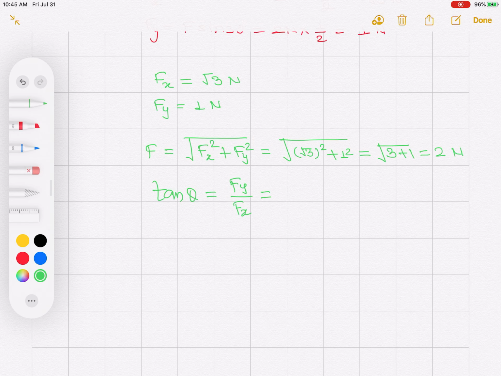If you replace the values, F_y is 1, and F_x is root 3, so 1 divided by root 3. If you want to calculate the angle, then you need to take the inverse tan, or arctan. This will give me 30 degrees. So the angle is 30 degree. This shows that the 2 Newton force is acting at the angle 30 degree with the x-axis.